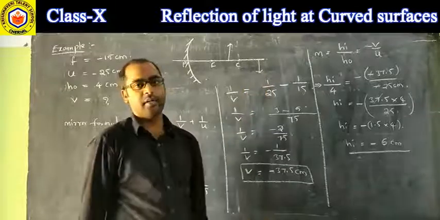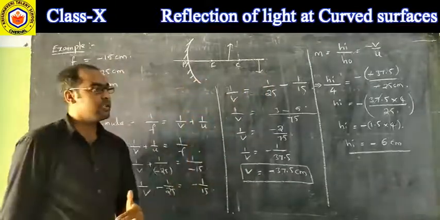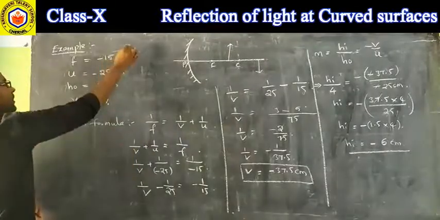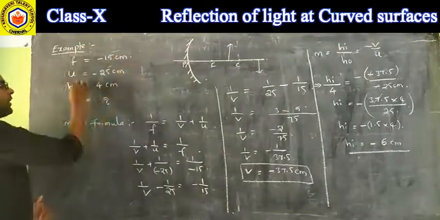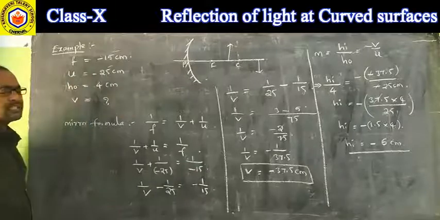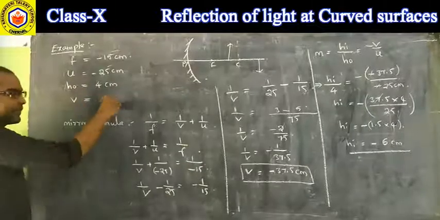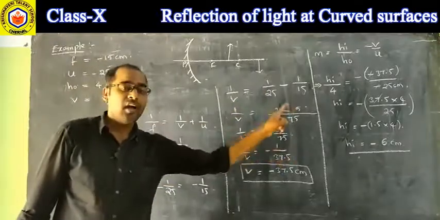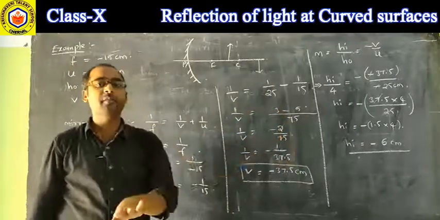So what is the nature and position of the image? Focal length is given, object distance is given, and height of the object is given. We have calculated the image distance, and from that the height of the image, and we have estimated the nature of the image also.